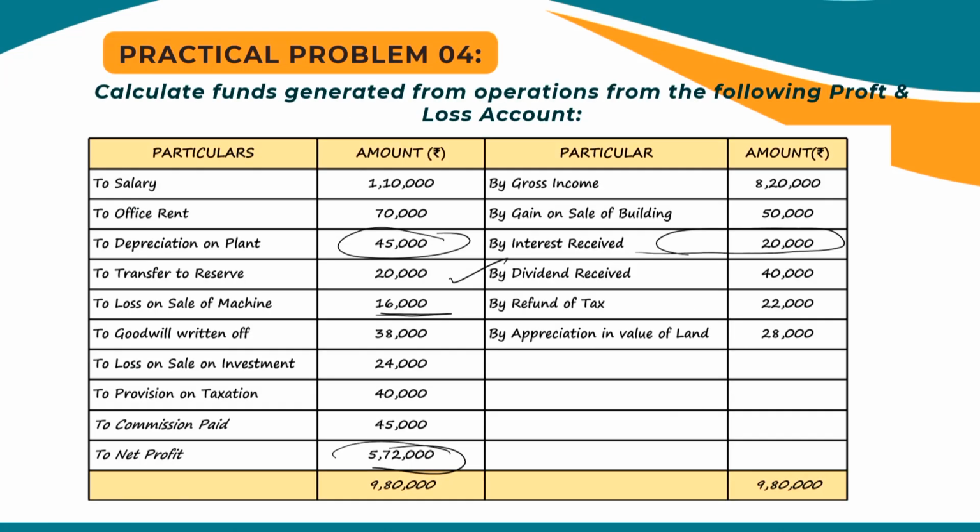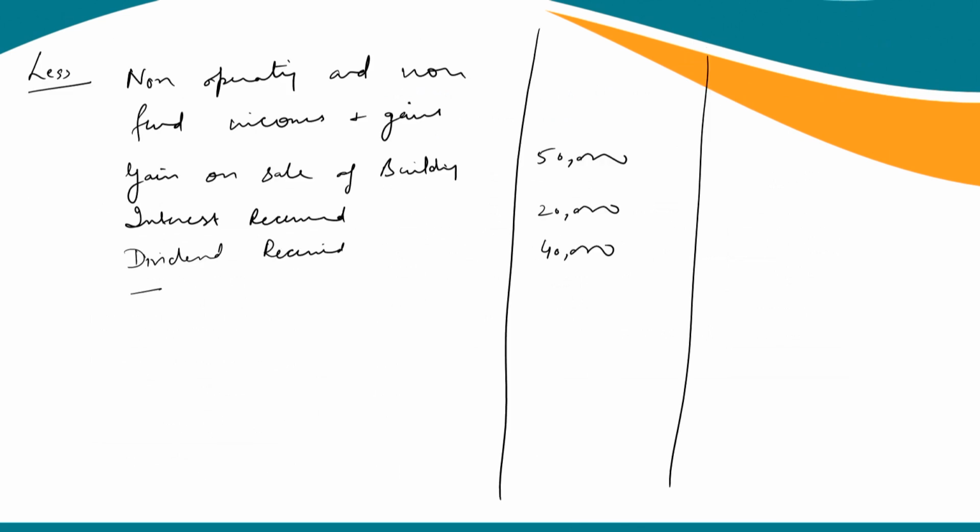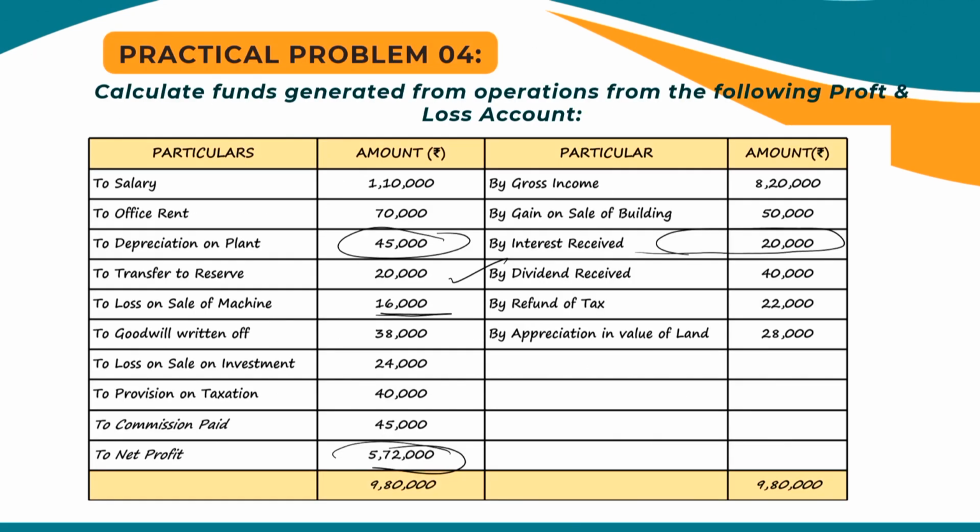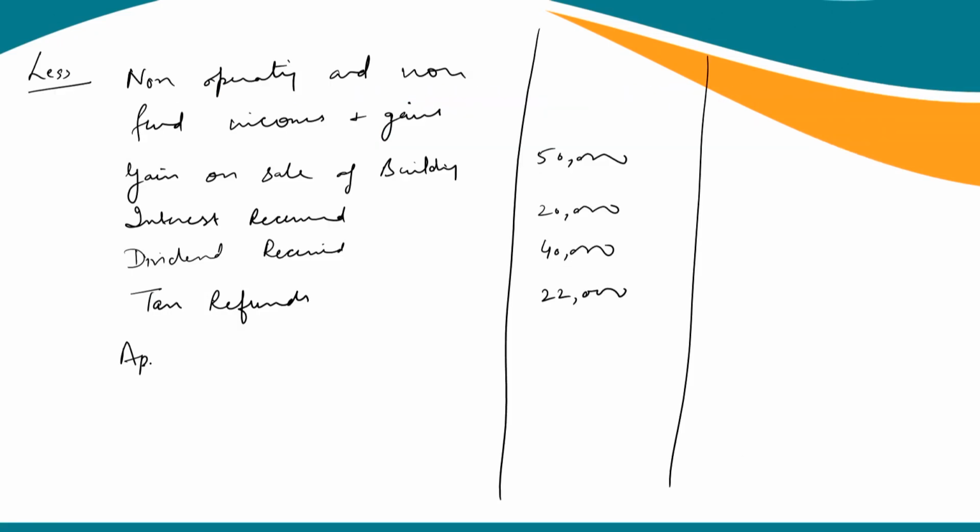Then in the question we are given refund of taxes, non-operating tax refunds amounting to rupees 22,000. And the last is the appreciation in the value of land, which is a non-fund item, amounting to rupees 28,000.